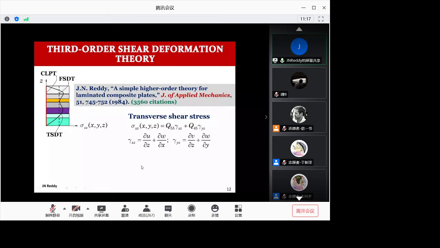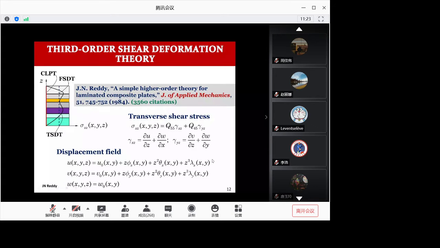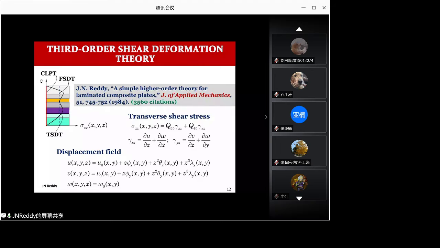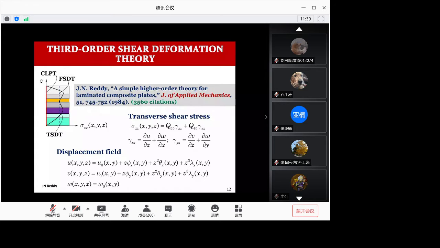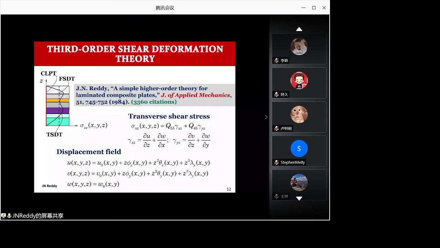Okay. So the theory simplifies a bit, and I'll explain that in more detail in a few slides. So this is the general idea now. Okay, so the displacement field that I'm showing at the bottom of the slide is the general third order theory.